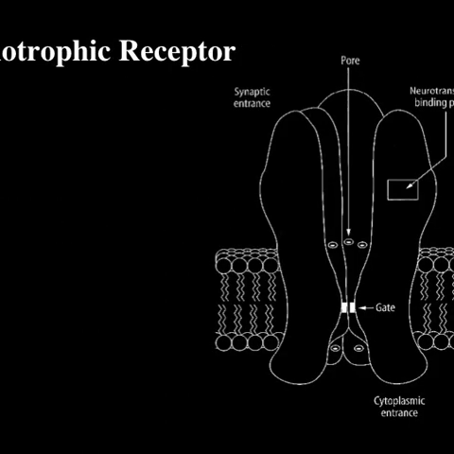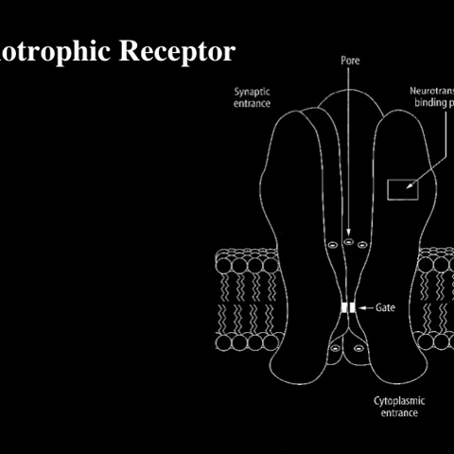Let's have a look at an ionotropic receptor. This is a typical ionotropic receptor. It's a very large protein molecule, usually composed of several subunits. It sits across the postjunctional membrane, and it acts as an ion channel.